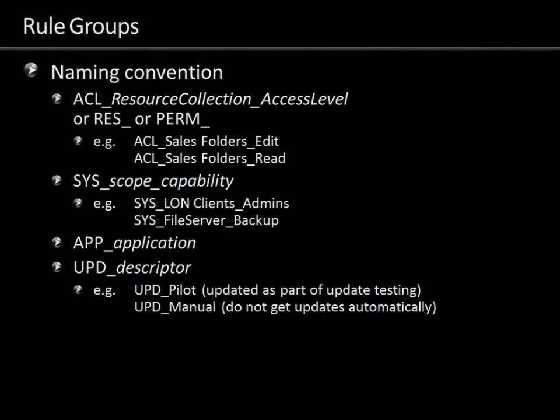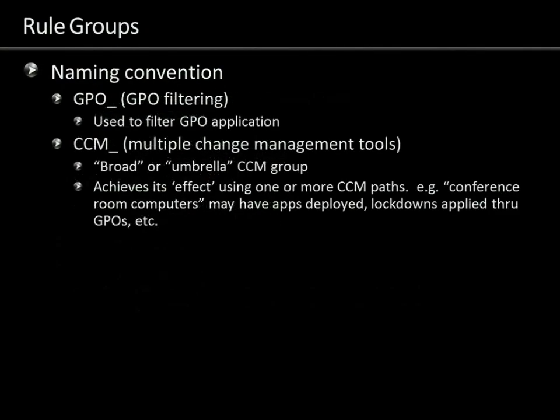So UPD underscore manages update deployment, and then my Windows Server Update Services, my WSUS, uses those groups to decide who gets updates. GPO underscore, used for group policy filtering, and CCM underscore for a group that is used by multiple change management tools to achieve an effect. So those slides can be used as a reference for you for different types of prefixes that you might choose to use in your organization.